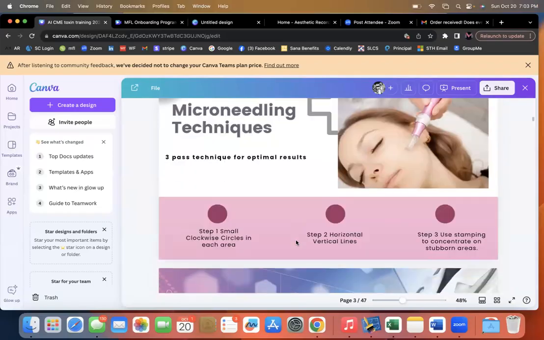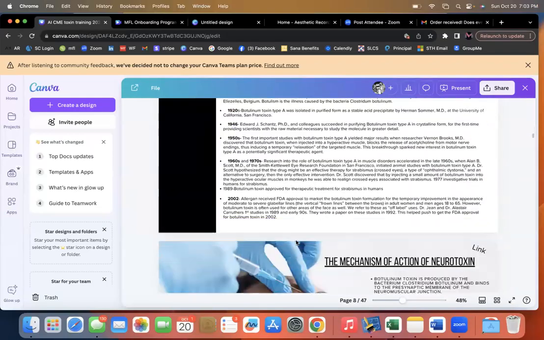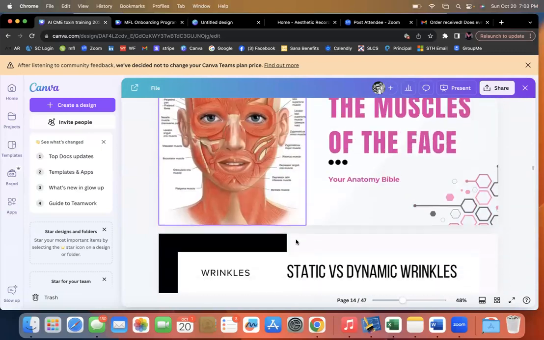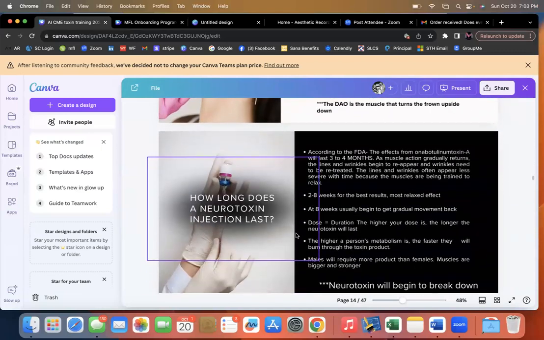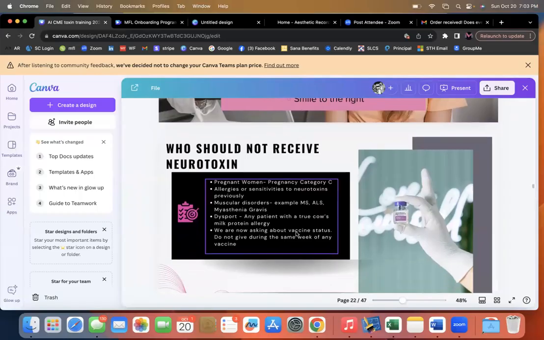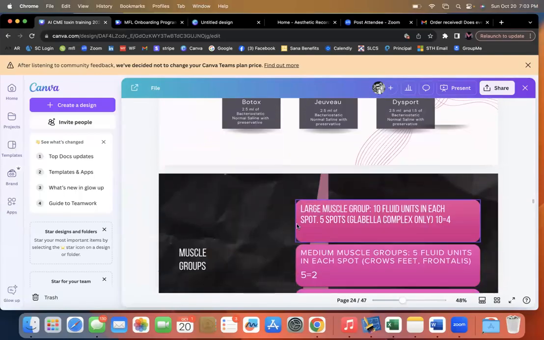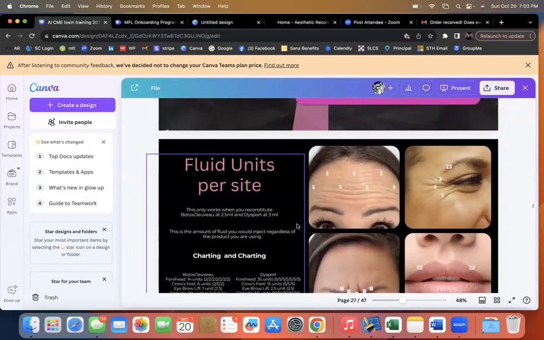Okay, so when we're looking back at our neurotoxin training that we did for the forehead, I talked about large and small foreheads. Again, a large forehead is going to have a minimum of 7, and a small forehead is going to have a minimum of 4, with the majority having 5 or so.